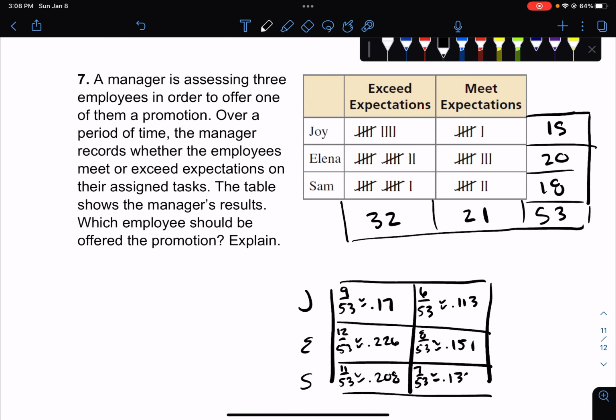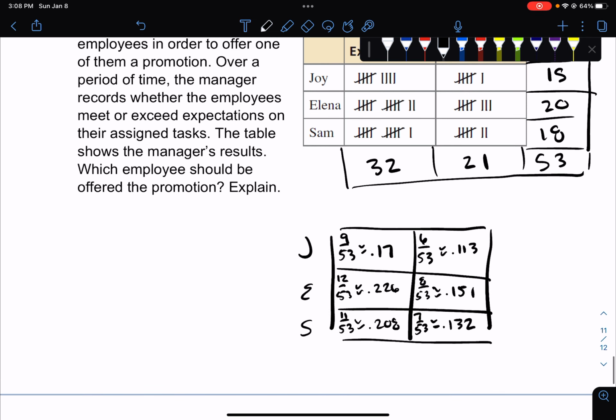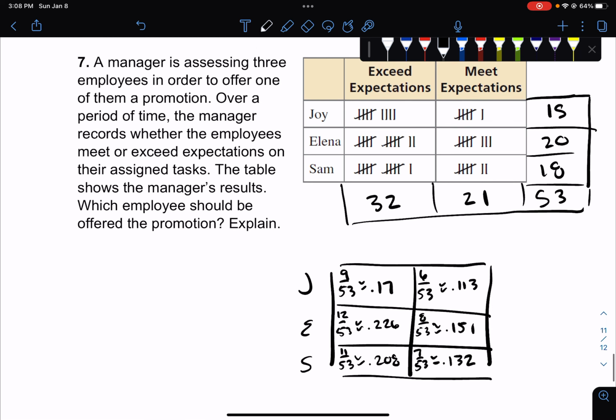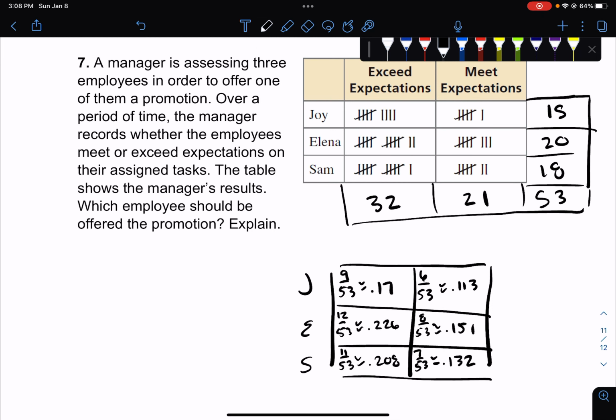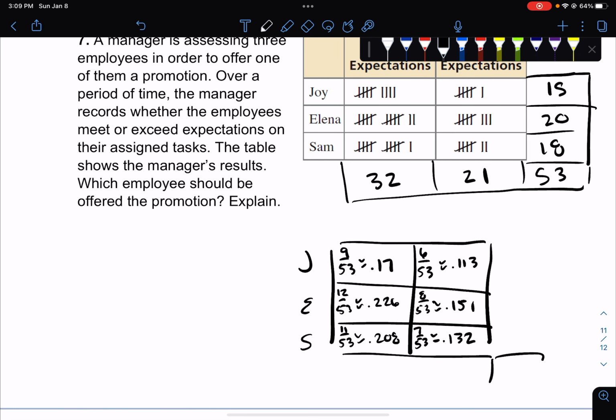So 0.132. Now, if I just look at these numbers, 17% of the responses, Joy exceeded expectation. Elena exceeded expectation 22%, but it's not comparing. We have to be careful because this is comparing their numbers to the total of 53, which is one thing to look at, right? That number might mean something to you.